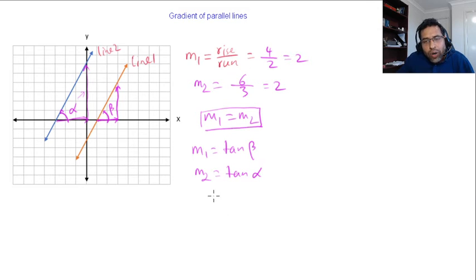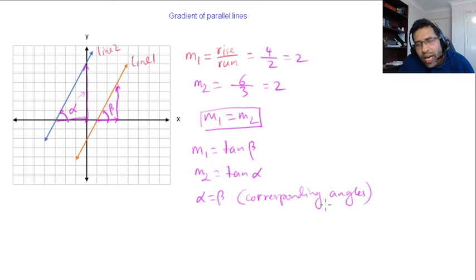Now we know alpha and beta are the same. Why? Because they are corresponding angles. I can just write down corresponding angles. That's why alpha and beta are the same. Why are they corresponding? Because line 1 and line 2 are parallel. So if the x-axis is working as a transversal, alpha and beta correspond to each other, so they are equal.